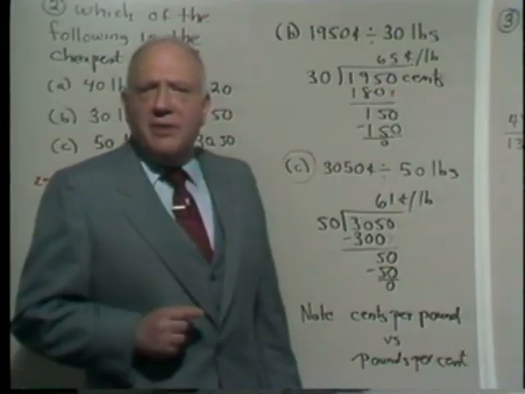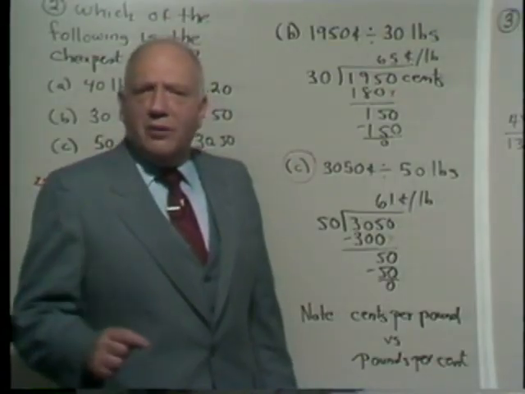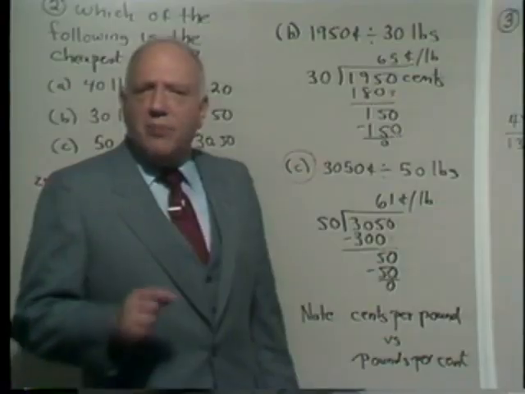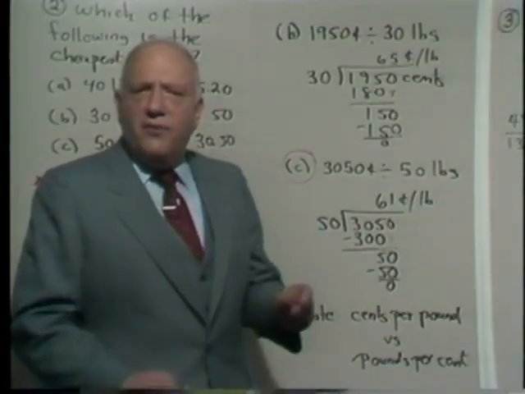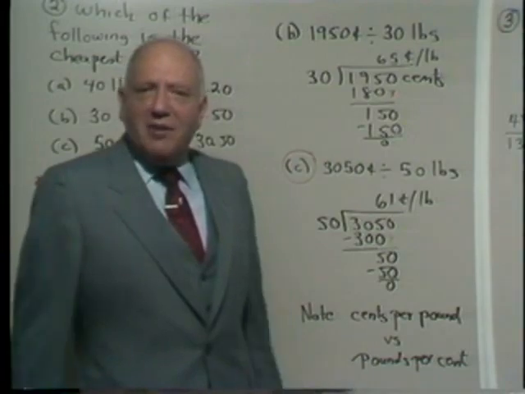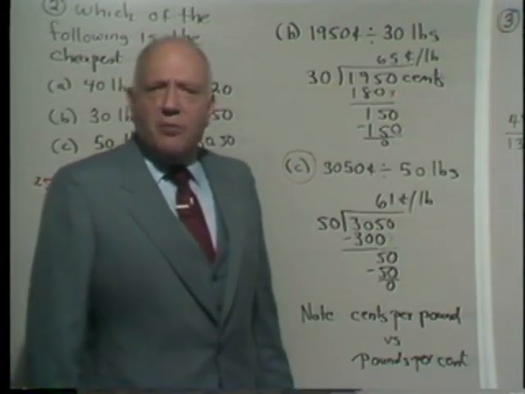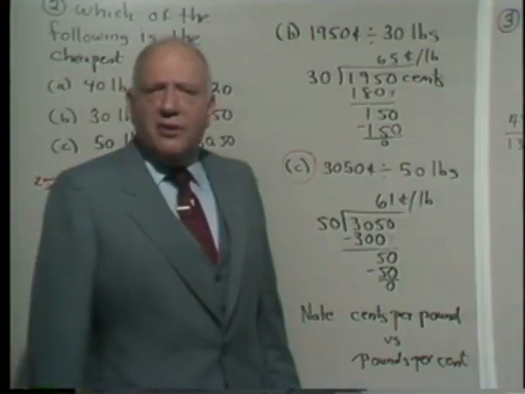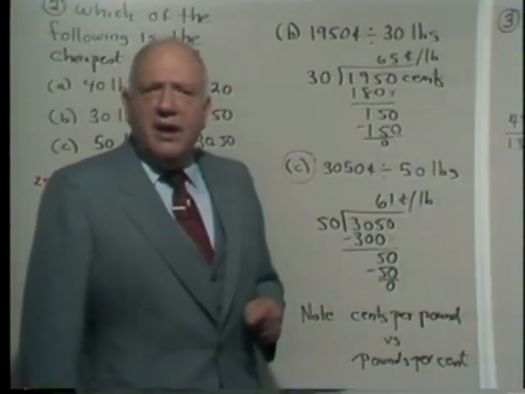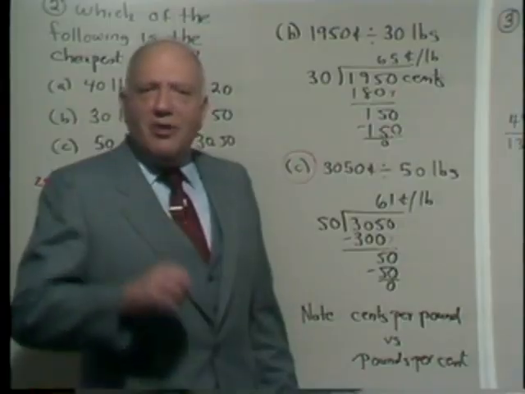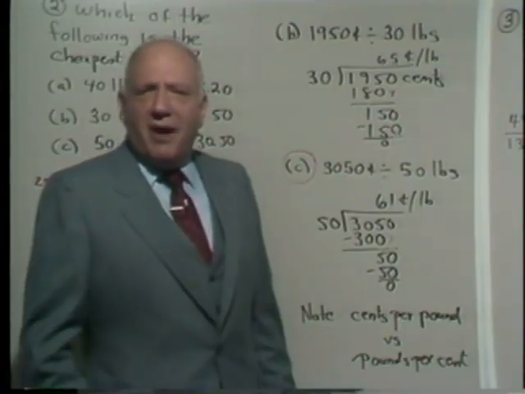And one more admonition. Dollars per pound is not the same as pounds per dollar. In other words, if you reverse the order, you don't find dollars per pound, you find pounds per dollar. How many pounds you can buy for $1. This is tricky. You see, the more pounds you can buy for $1, the cheaper the price is.